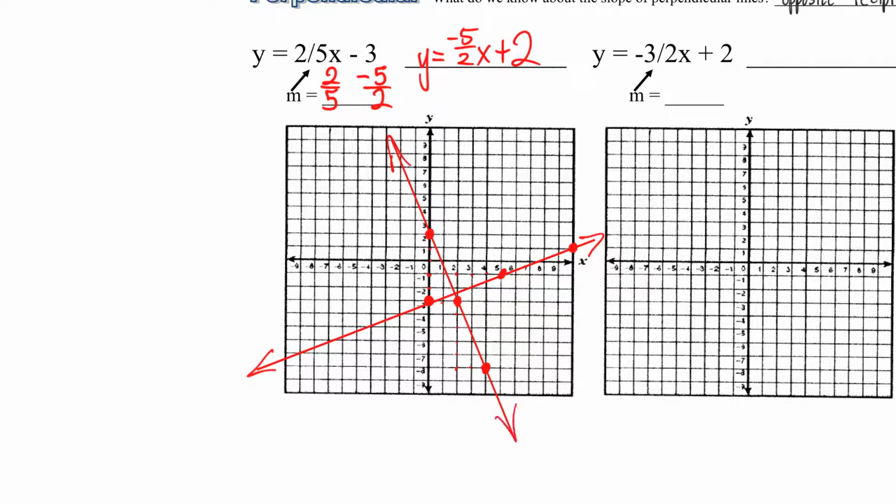All right, and so it should look like that, where they're definitely not parallel. And assuming that these squares are square, and I think they're not totally square, those two lines should be exactly 90 degrees to each other.